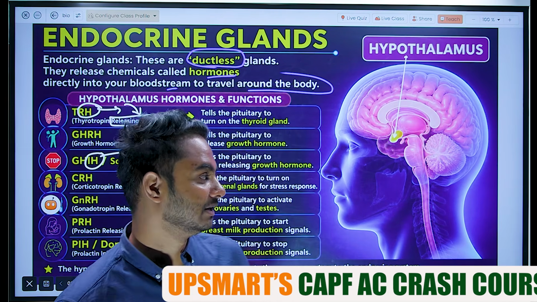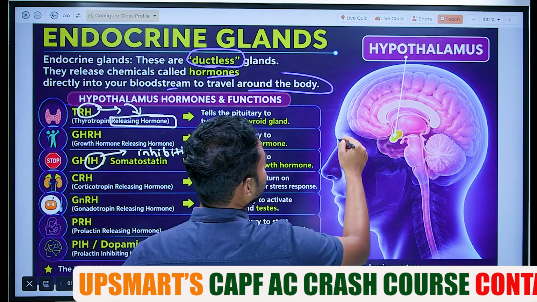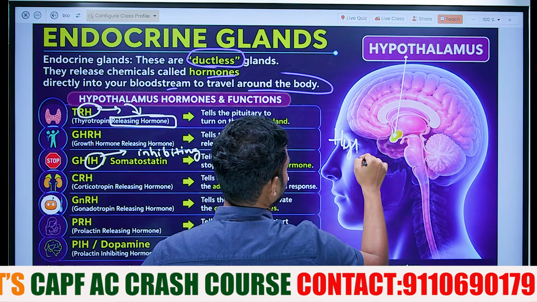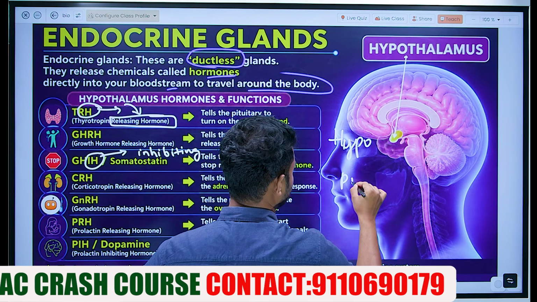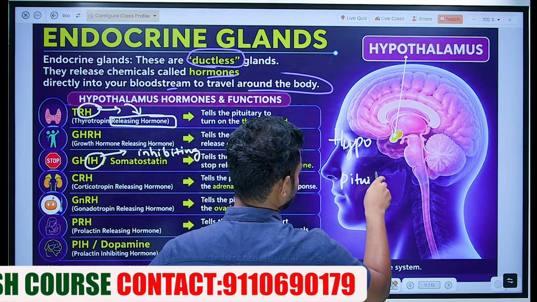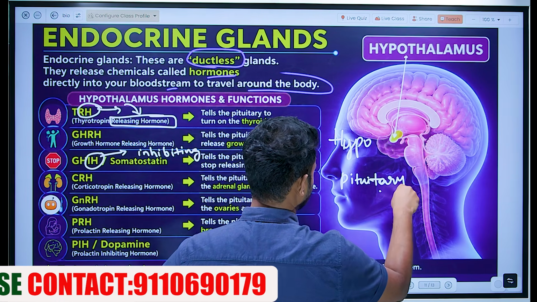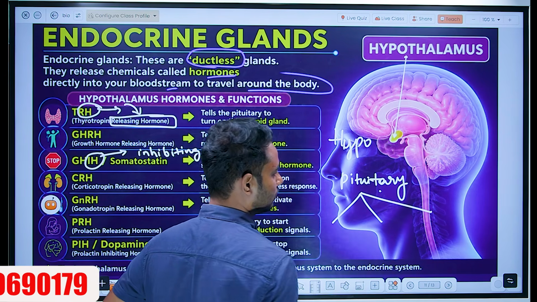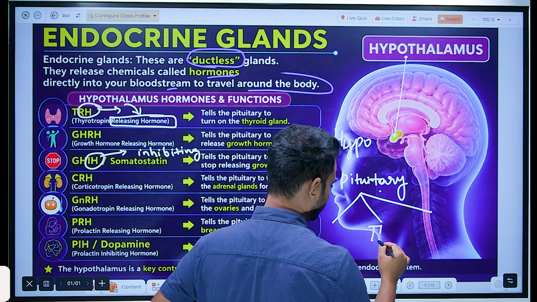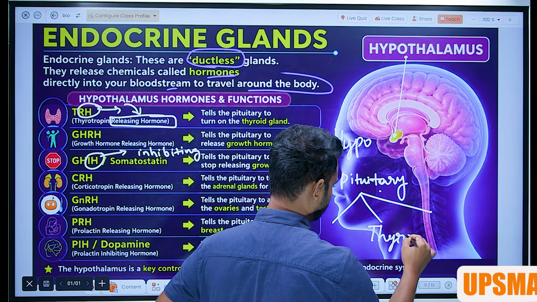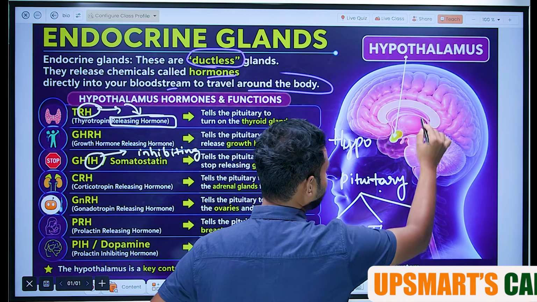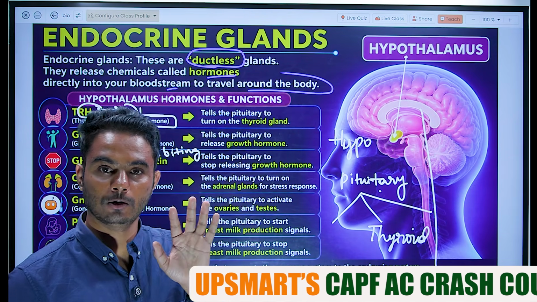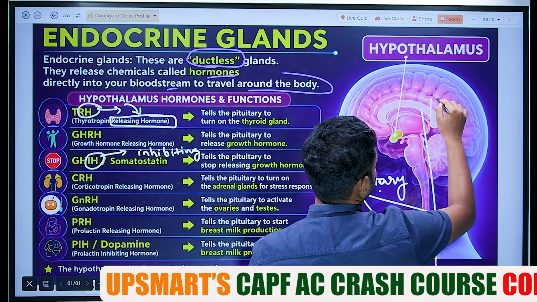And three types of these glands will be there. I told you now. One is the hypothalamus. Below that will be the pituitary. Below that there will be various other glands, one of them being the thyroid gland. Now it is like a kingdom. In a kingdom or empire, what will you have at the top? A king.